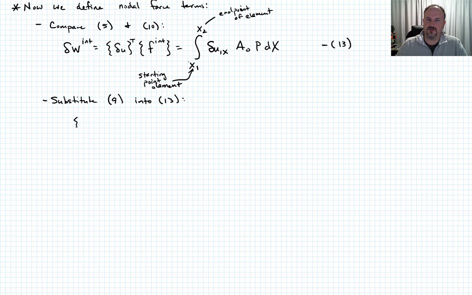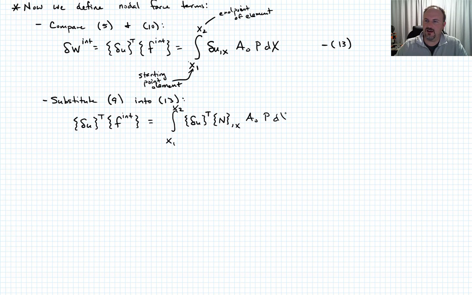I end up with the left-hand side looking like delta U transpose times the internal force vector is equal to the integral from x1 to x2 of delta U transpose times n partial with respect to x times a naught times p dx.